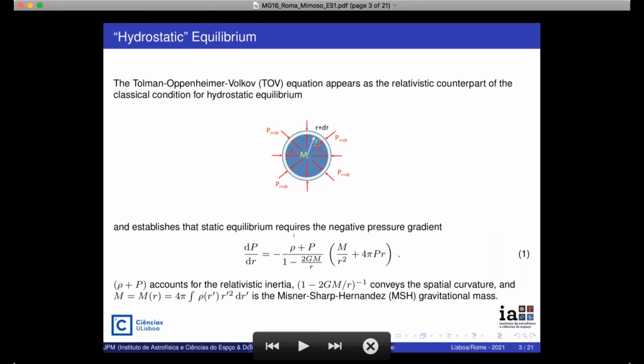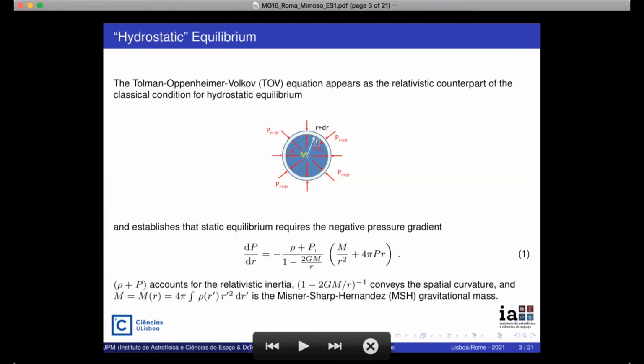And the main difference with regard to the classical continuum mechanics equation is that now we have a rho plus p in terms of the relativistic inertia. So it's the relativistic density of mass effectively working as an inertia.